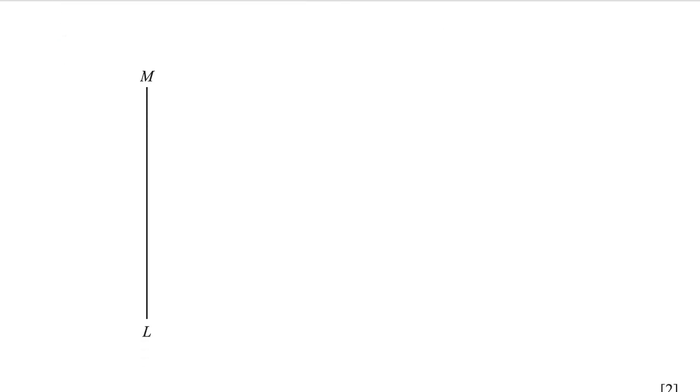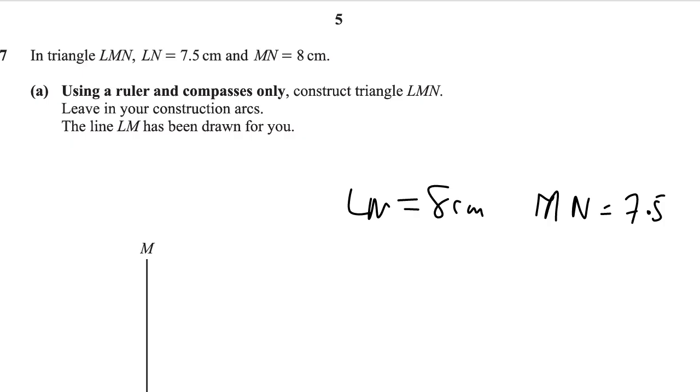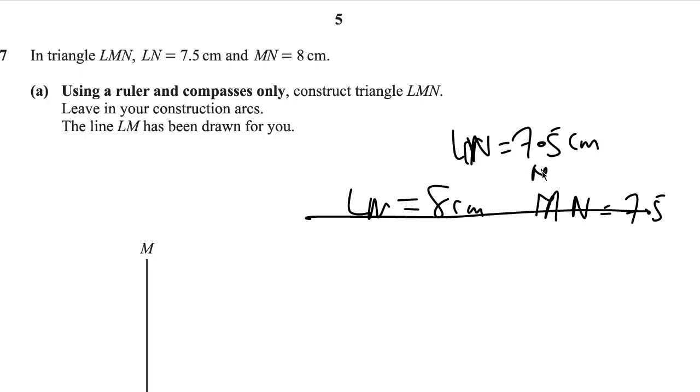Let's be sure: LN is equal to 7.5 cm and MN is equal to 8 cm.